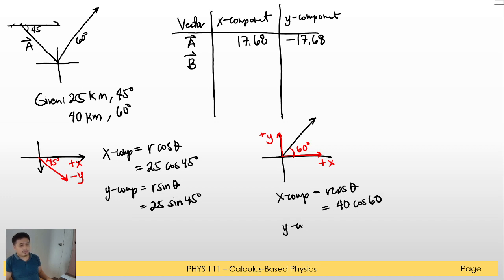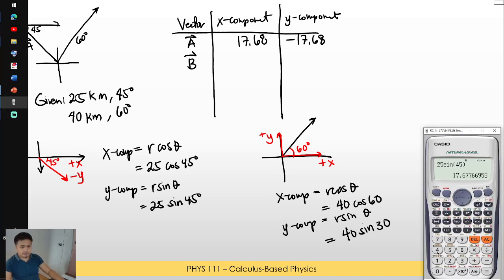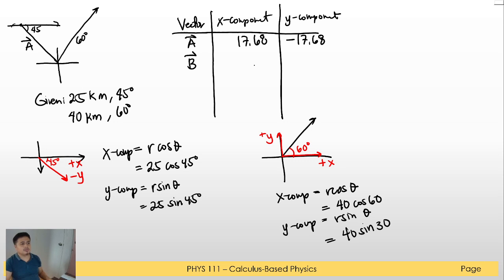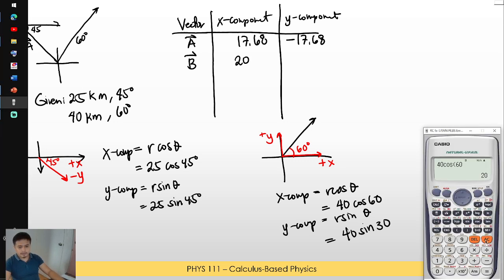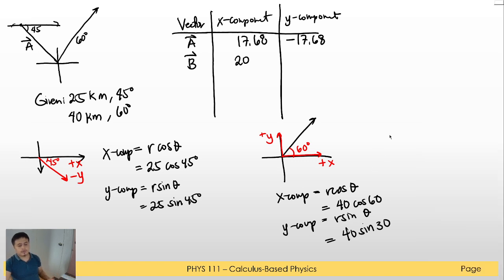And then the y component is r sine theta, which is equal to 40 sine 60. So 40 cosine 60 is 20. And then for the sine, we have 20 square root of 3, or 34.64.